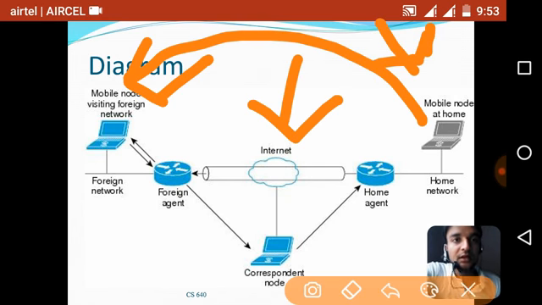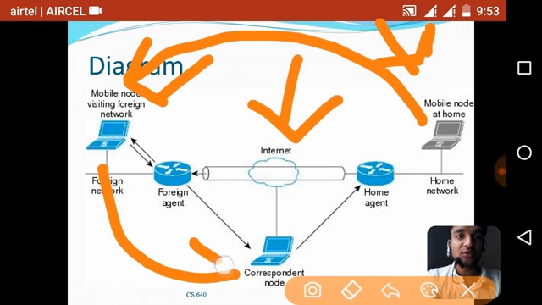Now you are in the foreign network, and you are communicating with this node, the correspondent node. So you want to have some chat with the person at this correspondent node. How will the communication be possible? Because your home node was having a fixed IP, but when you went to a foreign network, your IP changed.